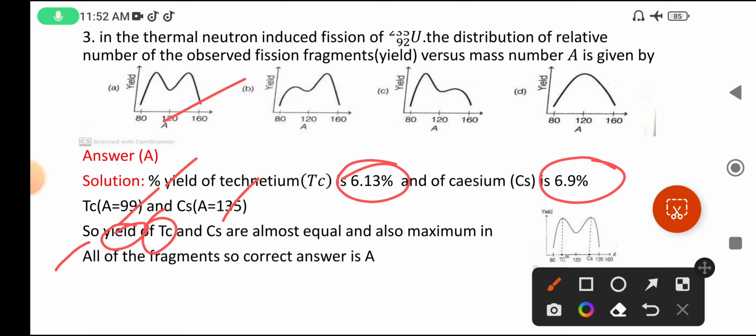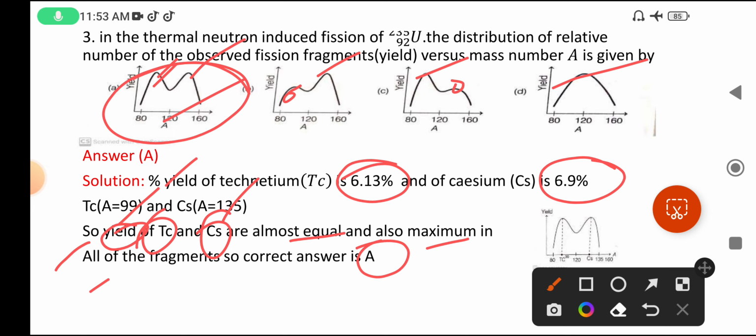So the fragments of Tc and Cs are almost equal and also maximum in this. Here the fragments are higher, and you cannot see that anywhere else. In the other options one fragment is low and one is high, only one is high. That is why the option where both fragments have high values is the answer.